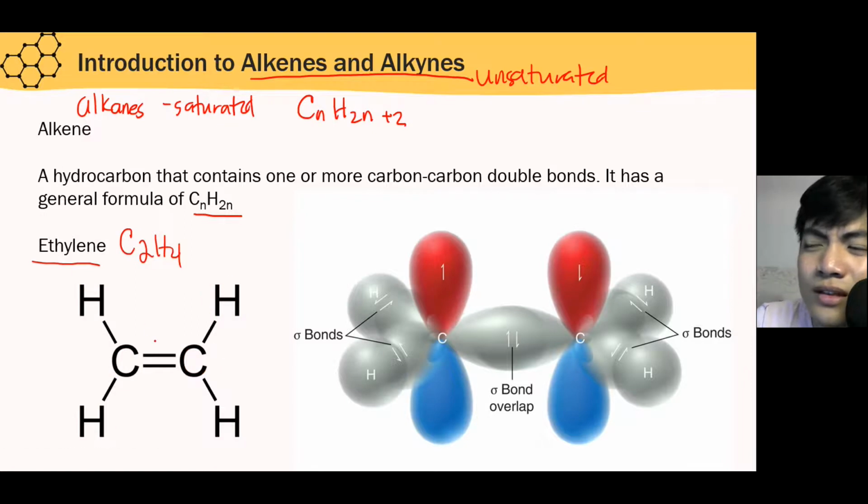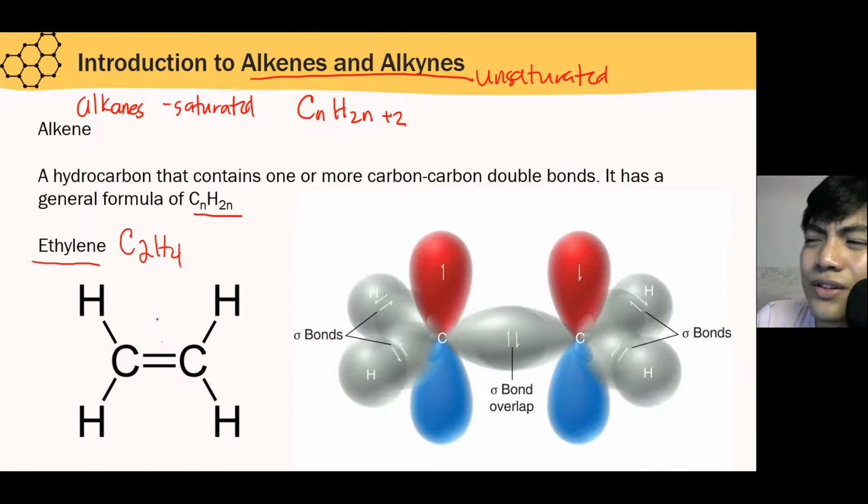Since it only utilized three out of the four possible bonds with other atoms, that means the extra orbital or the extra electron will be used to create the double bond. What do we call the bond that is used to connect with other atoms, and what do we call the bond that is used to connect with the same atom?